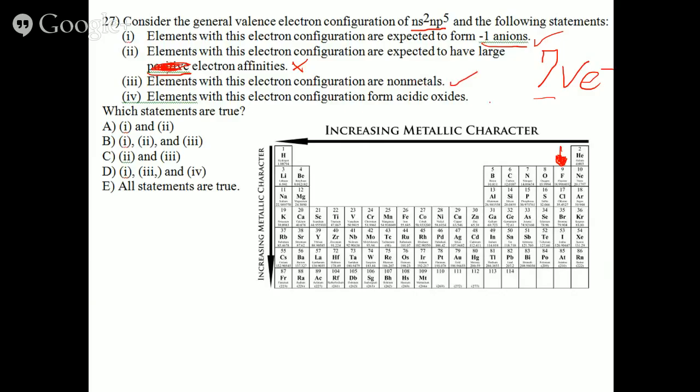Well, that's true, all those things are nonmetals. Elements with this electron configuration form acidic oxides. That is true, something you have to know. Like the Cl2s, they pollute the air, the chlorates and whatnot. So which one of these says 1, 3, and 4? Choice B.